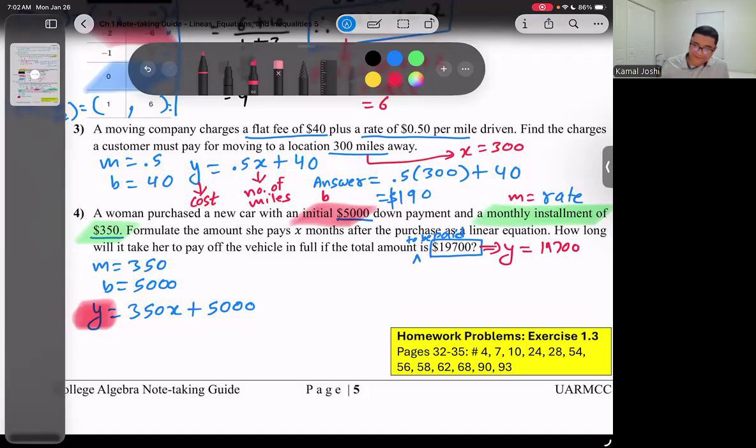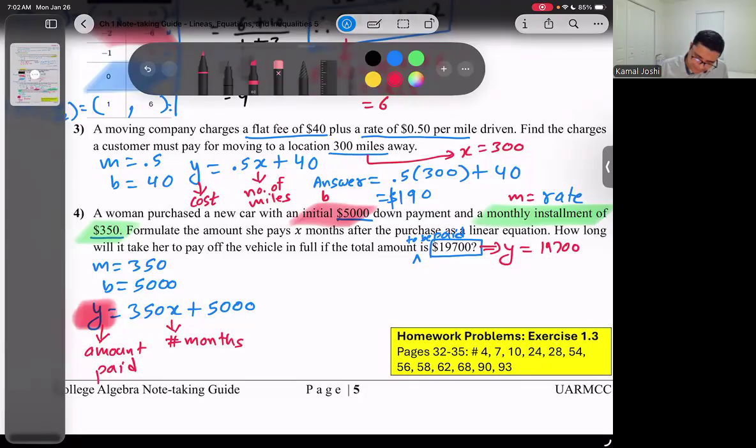Because in this equation, Y represents the amount paid and X represents the number of months after the purchase.